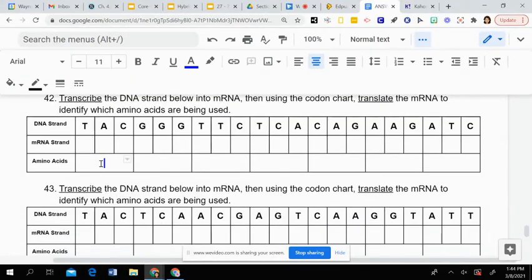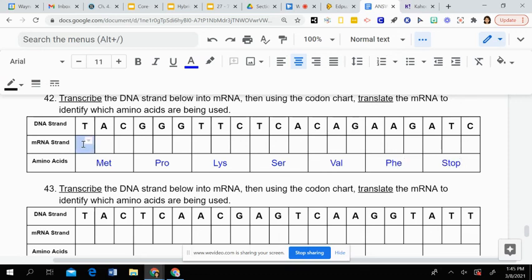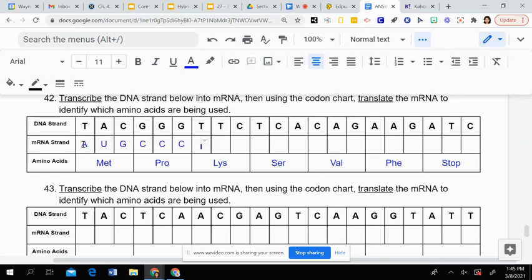Your second amino acid should be the MET, PRO, LYS, SER, VAL, PHE, and then your next stop codon. Again, your letters, and you'll notice there are different variations of the stop amino acid.